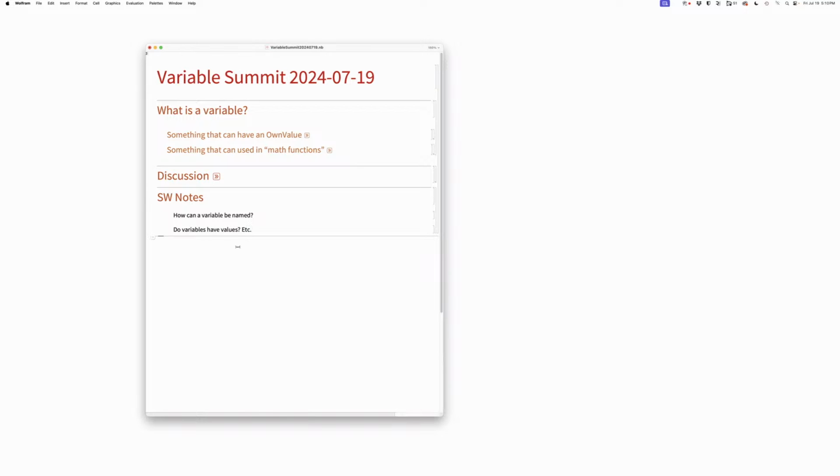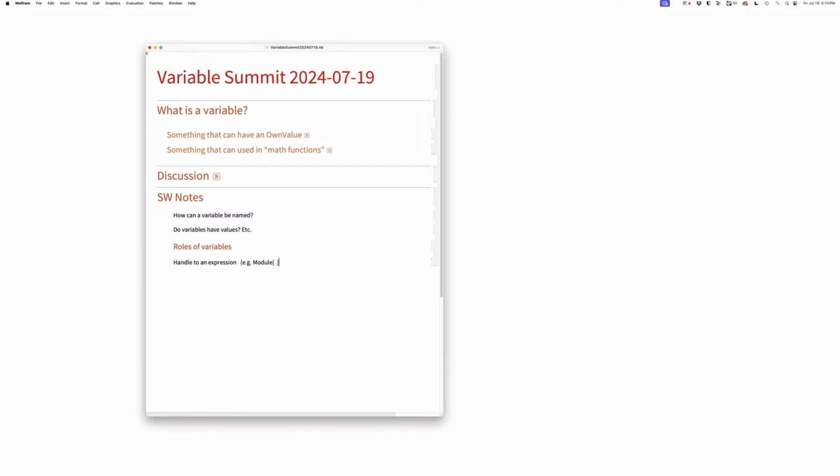Okay. Well, let me give some examples here. Actually, let me just make roles of variables. One role is a handle to an expression, for example in Module.